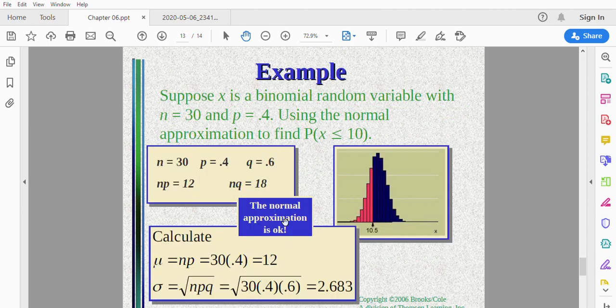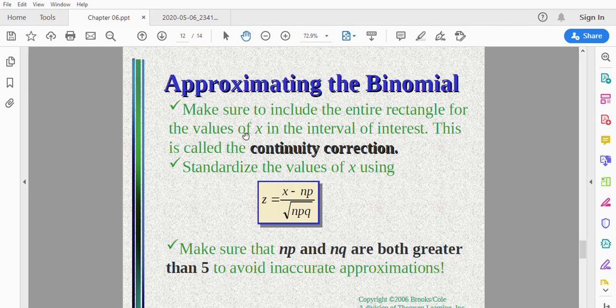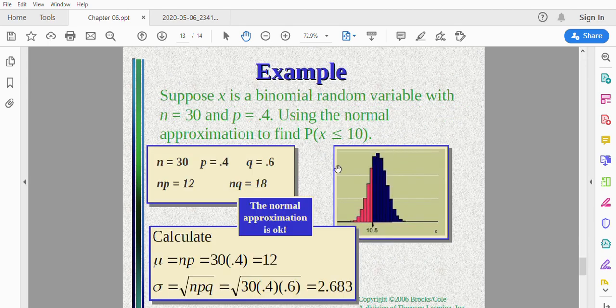This is one example which uses the binomial distribution to approximate the normal. We want to find x less than or equal to 10, since it's very big. Another thing, we must also make sure that n is greater than or equal to 25.